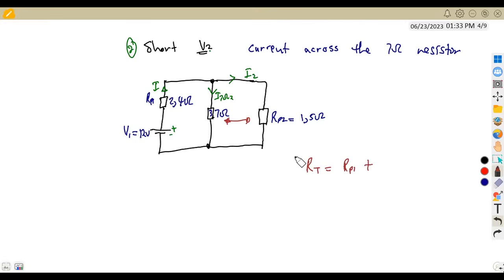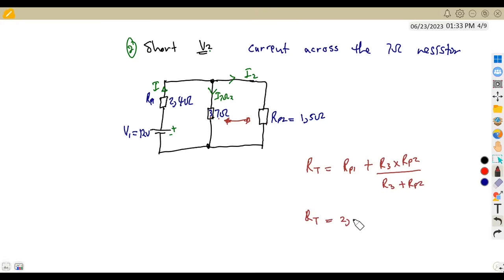That is the 7 ohm, which is R3, and this RP2. So we're going to have R3 times RP2 over the sum, remember, product over sum, R3 plus RP2. So this will give us the total resistance.